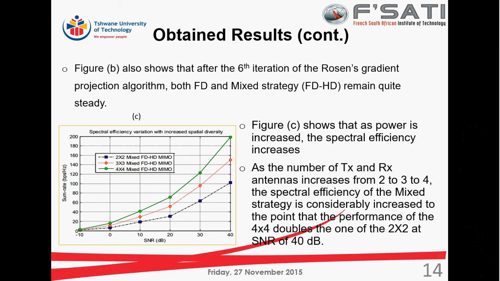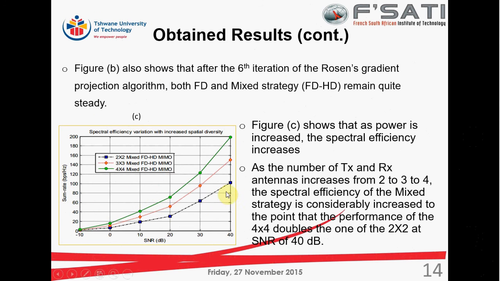When we look at the results in figure C, they show that as power is increased, the spectral efficiency also increases as the number of transmitter and receiver antennas increases. This has a considerable impact on the sum rate, or channel capacity, spectral efficiency.